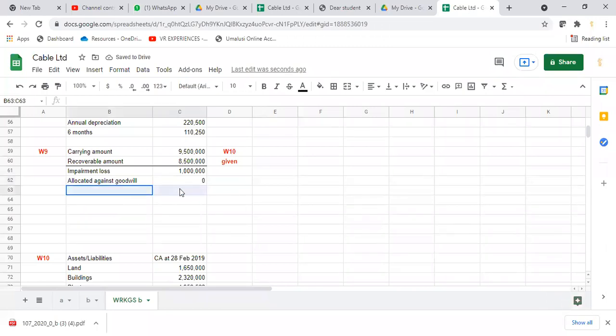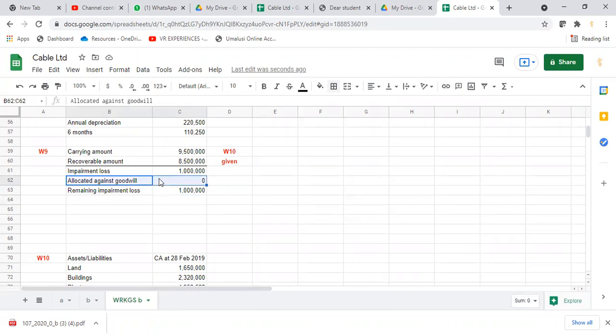So the remaining impairment loss would be 1 million minus what was allocated against goodwill, which is 0. Therefore, in this scenario, there's no need to do this line item.